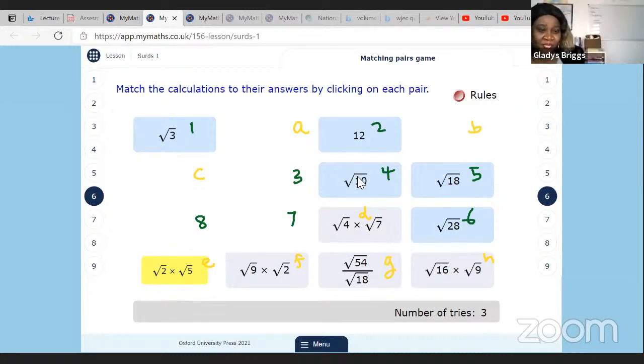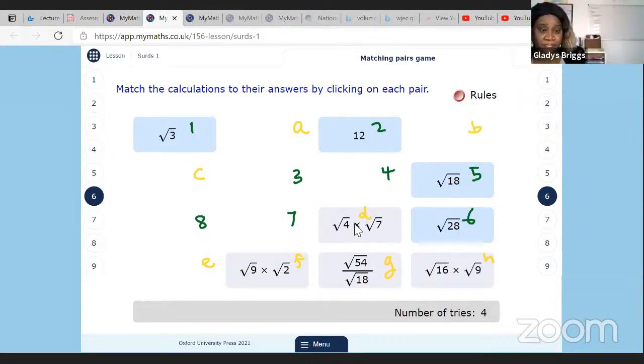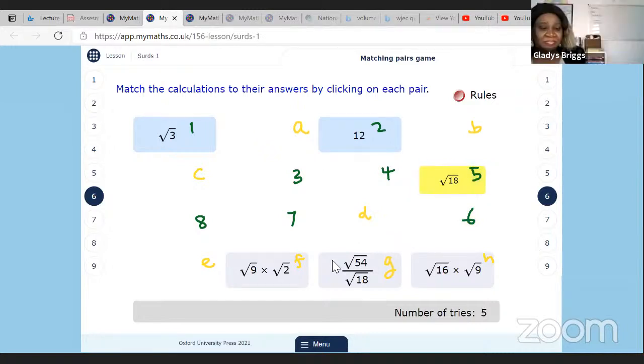E and 4. And D with 6, I think. Yep, square root of 28. And F with 5. Which one with 5? F. Well done. We've got 2 more to go.